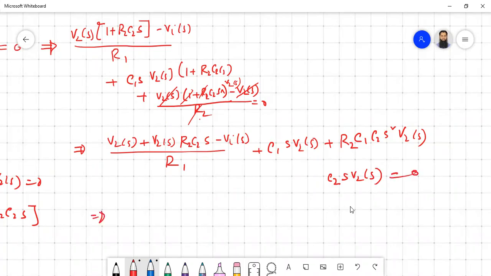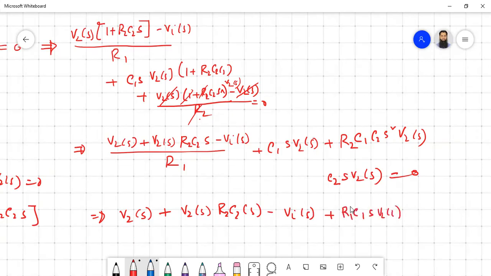So we can write V2S plus V2S R2 C2S minus V1S. Then you have plus R1 C1 S V2S.